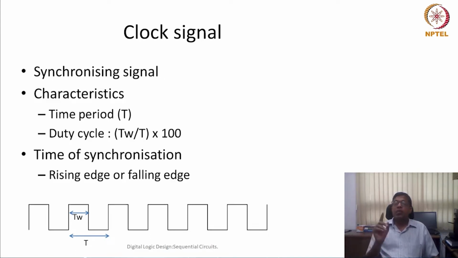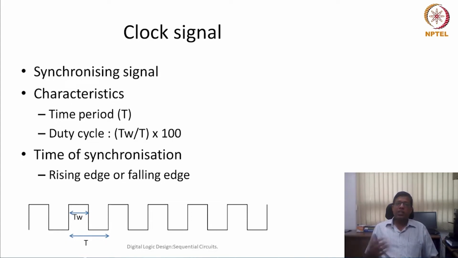That means in 1 second there would be 3.2 times 10 to the power 9 clock periods. So what does this signify? It signifies that the smallest work that can be done in your computer would be done in 1 clock period.